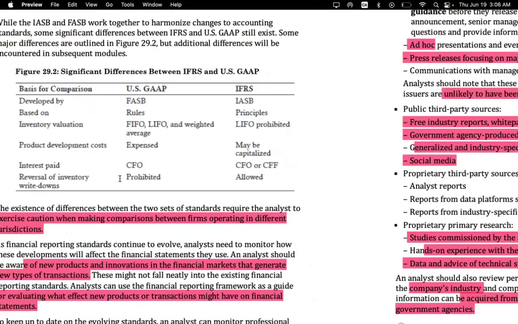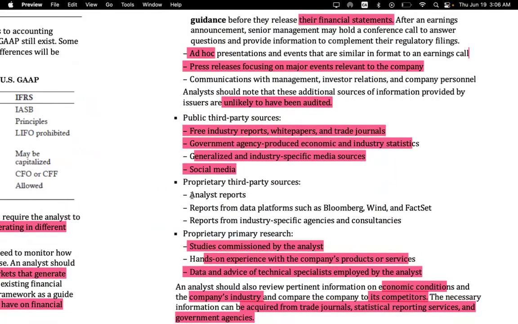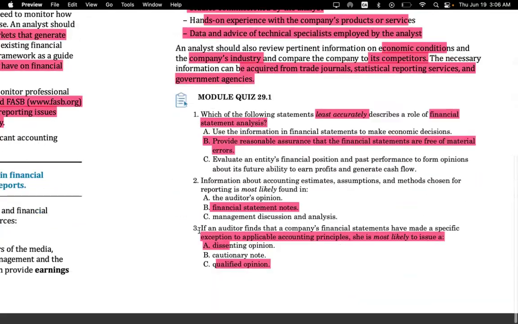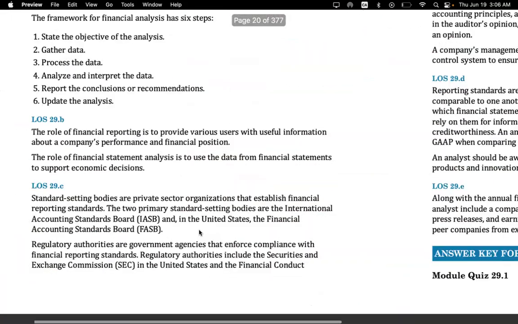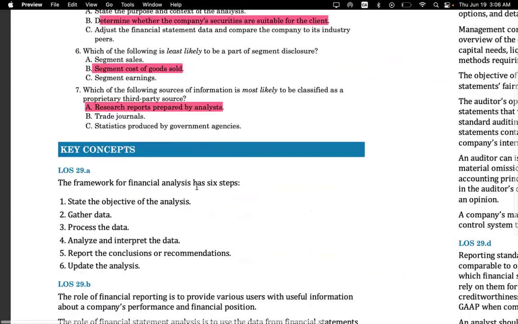You can see here that proprietary third-party sources were analyst reports, reports from data platforms such as Bloomberg, Wind, and FactSet, reports from industry-specific agency. These are like public third-party sources. This is proprietary third-party source.